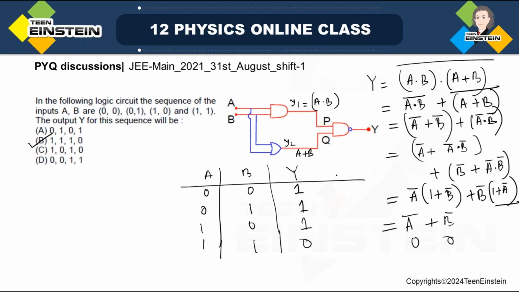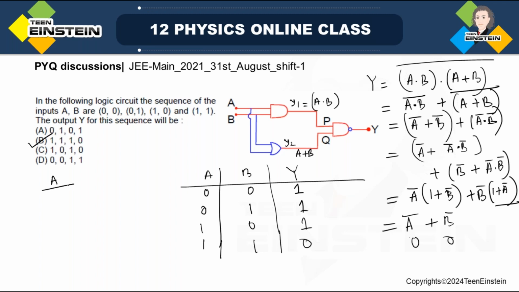See, there is another method to do this. If you can't apply De Morgan's theorem for simplifying this logic circuit, there is another way to do it. Let me just give you some hint of that.